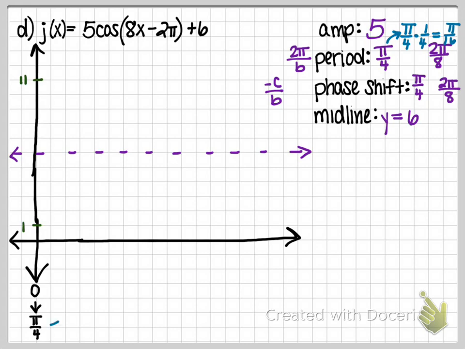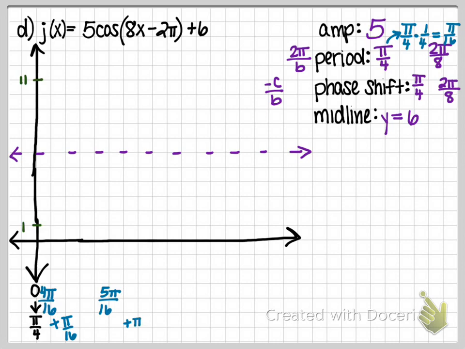Then I'm going to add pi over 16 each time. Now remember, pi over 4, to get a common denominator, multiply both the top and the bottom by 4, so I end up with 4 pi over 16. Add another pi over 16. 4 pi over 16 plus 1 pi over 16 is 5 pi over 16.